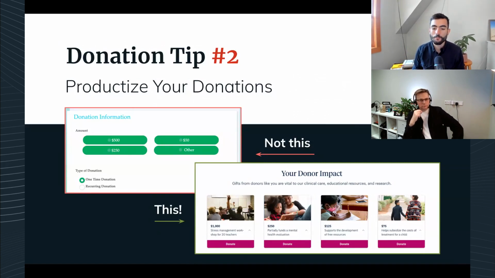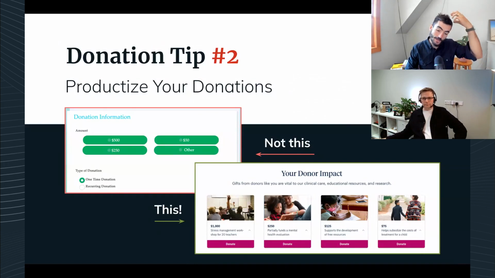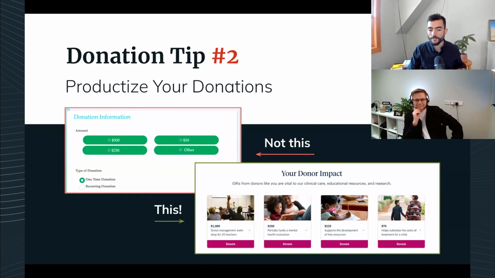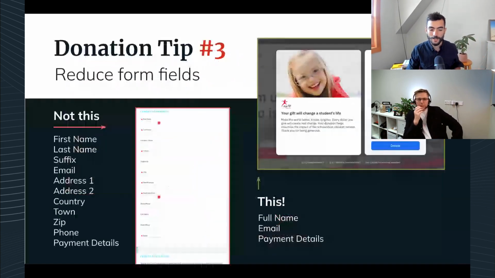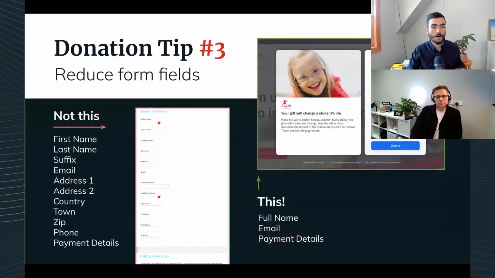Which can be challenging because you have to find out how to measure and quantify impact based on dollars, but it's super powerful. Every time I'm with my donor hat exploring different nonprofits, and I see easy to engage with donor products, I'm typically much more likely to actually give. So productize your donations, reduce form fields.